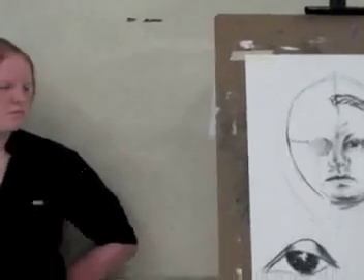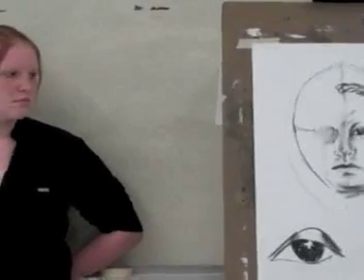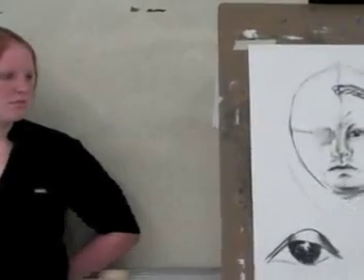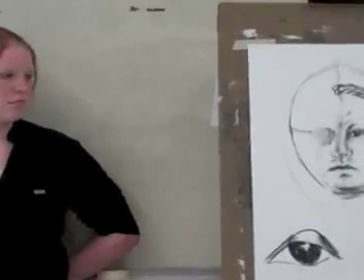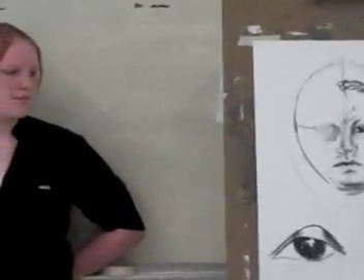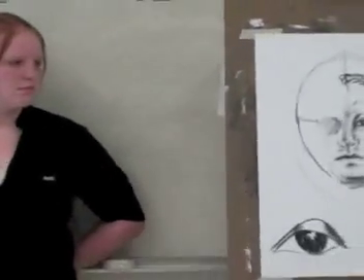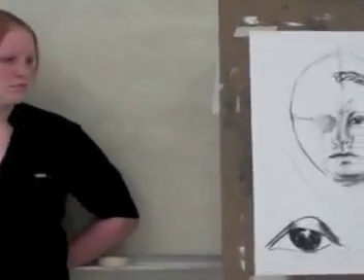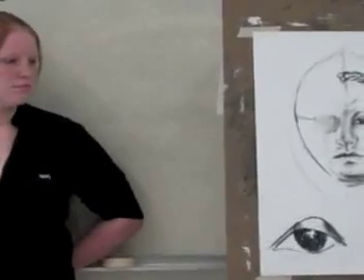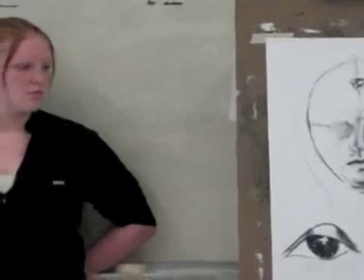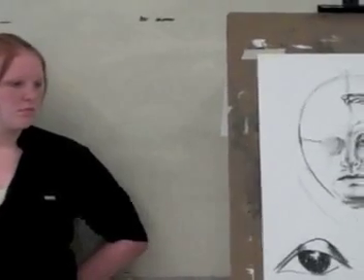Right, and then you can see her ear, and actually the tip of her ear is a little bit lower than her eyebrow. And it tapers in a little bit, and actually it's a little below her nose.